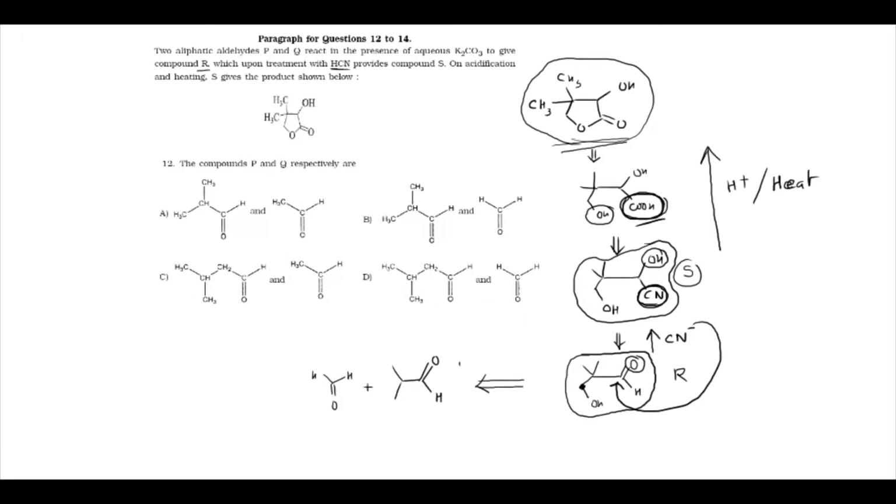So if we now try to find out the starting material for this aldol condensation reaction, or if we try to find out P and Q, P and Q must look like this. Either this formaldehyde will be P, or this aldehyde will be P, but P and Q must be these two.